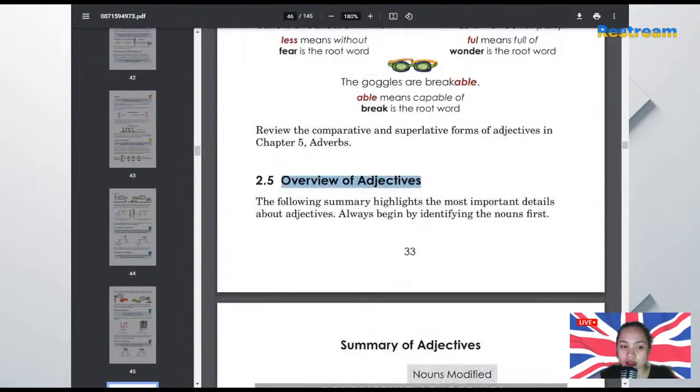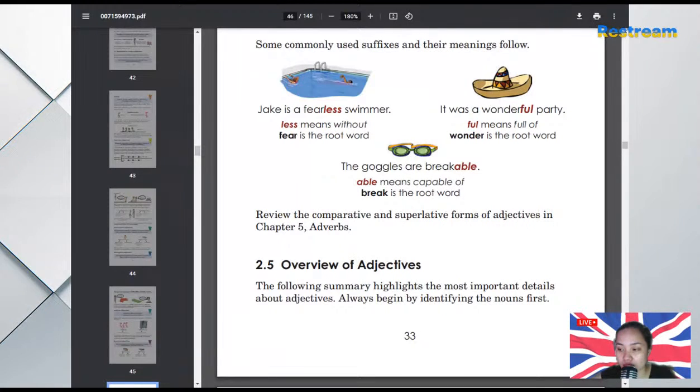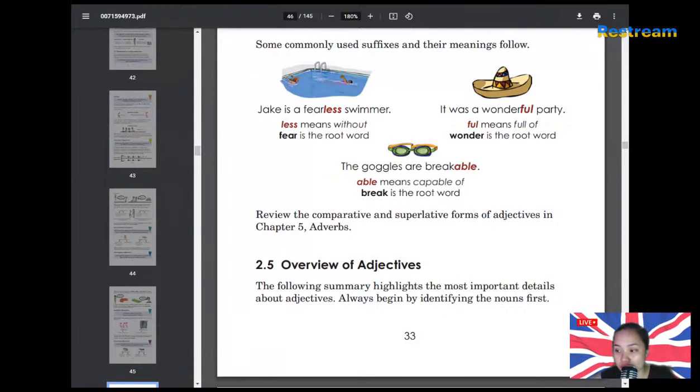Okay, so it says here, let's continue. The following summary highlights the important details about adjectives. Always begin by identifying the noun first. Yes, it is very important that you identify the noun first.